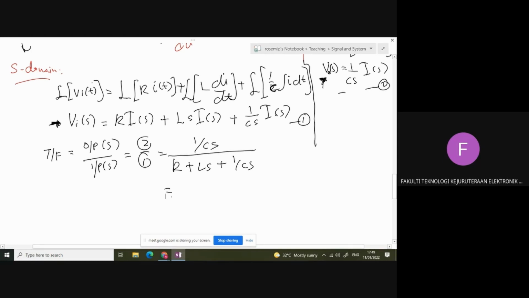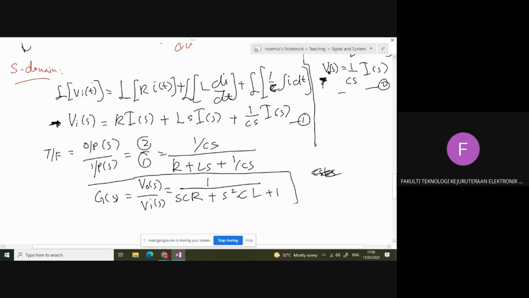Now we multiply all by Cs, and on top we cancel 1. So the result is 1 over (CRs plus CLs squared plus 1). So Vout over Vin, this one is G(s).